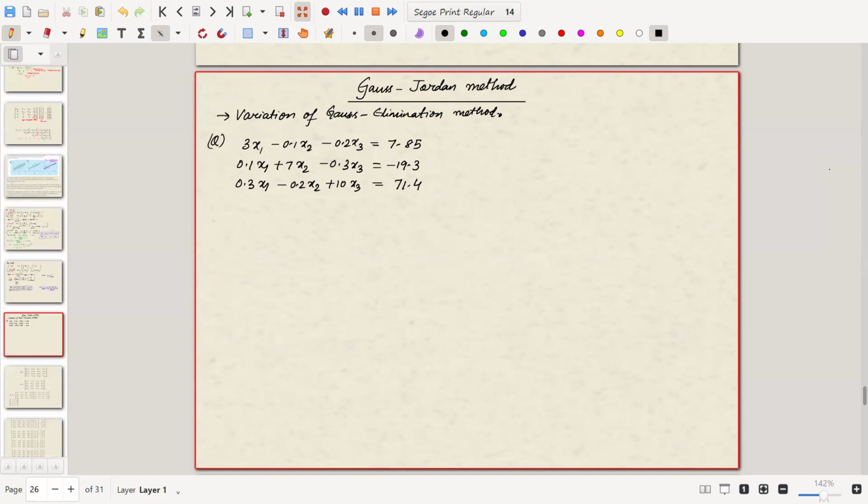How shall we proceed? Gauss elimination is a bit faster than the Gauss Jordan method, but it is useful to learn this method, even though it is slower, just to see the variation. Can you appreciate that you can write this in the form of Ax equal to B?